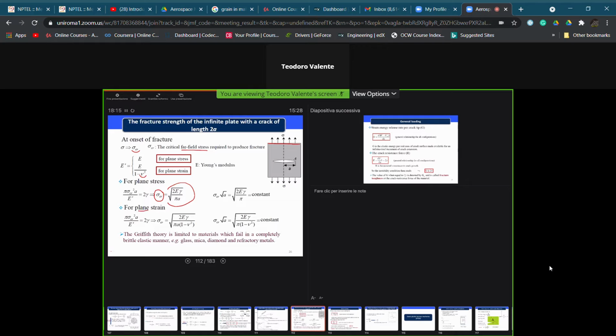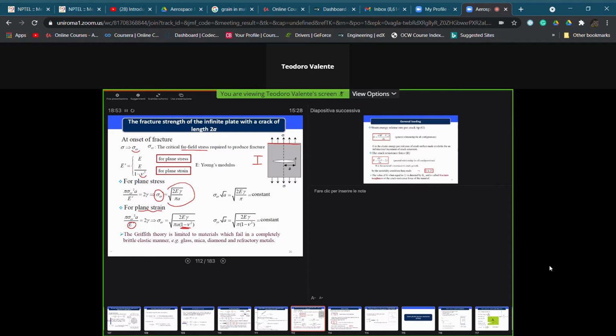Or for plane strain, we just use the other expression of the Young modulus, again under the square root, where the Poisson coefficient also appears, being the Young modulus modified for plane strain. And so, according to this simple approach, which refers to mode 1 fracture propagation, with the Griffith theory we can define the critical stress for fracture propagation.